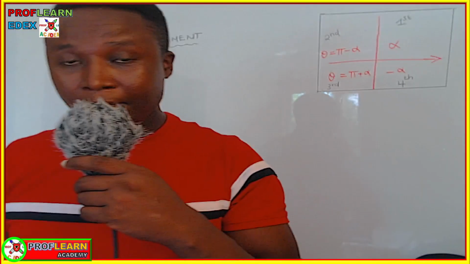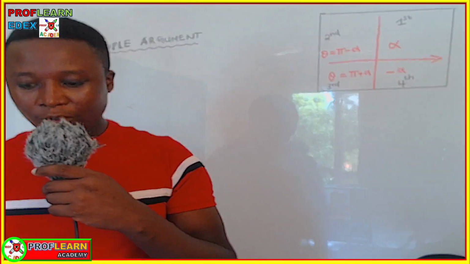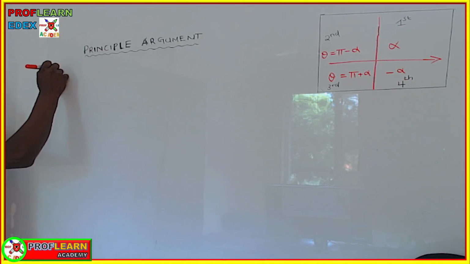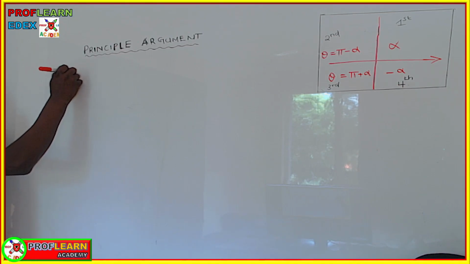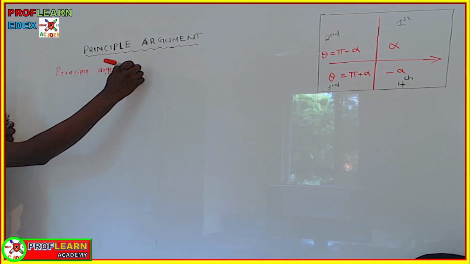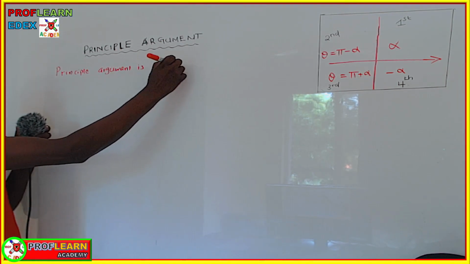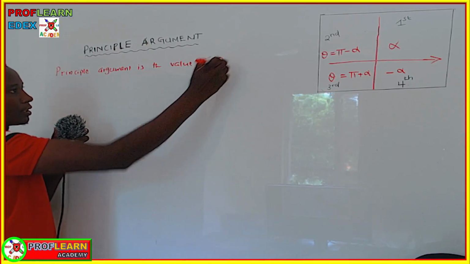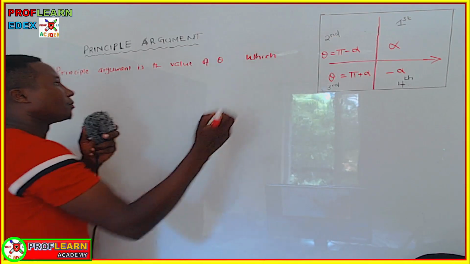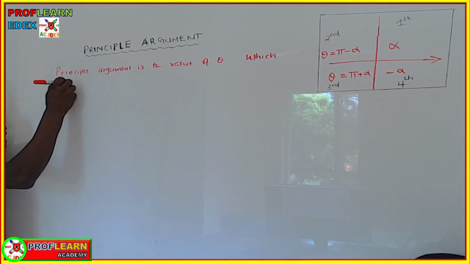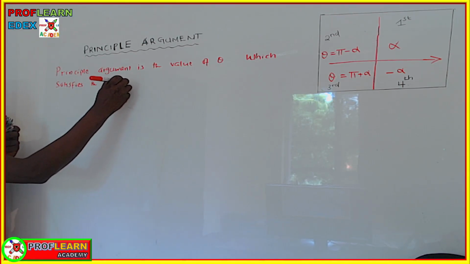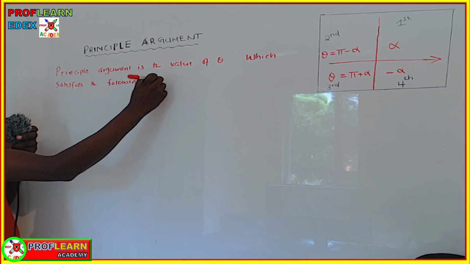And we're going to say that a principal argument is a value of theta which satisfies the following conditions.